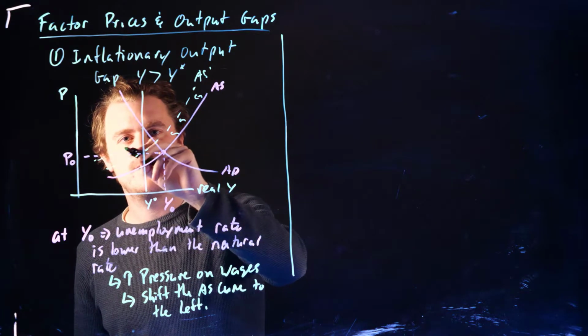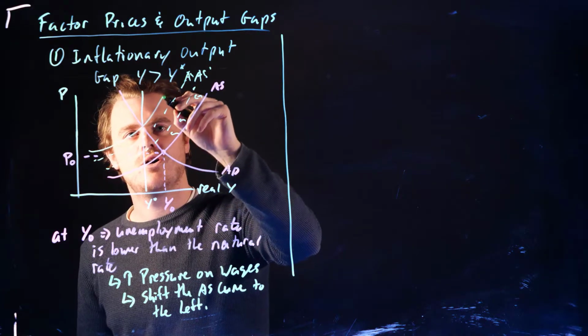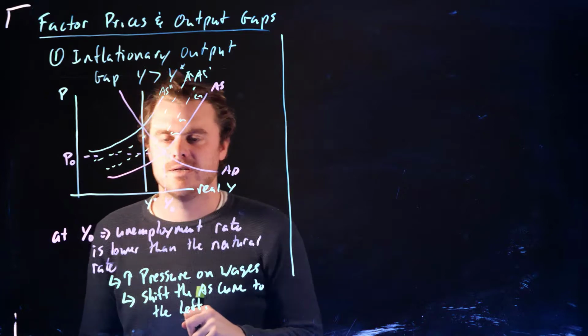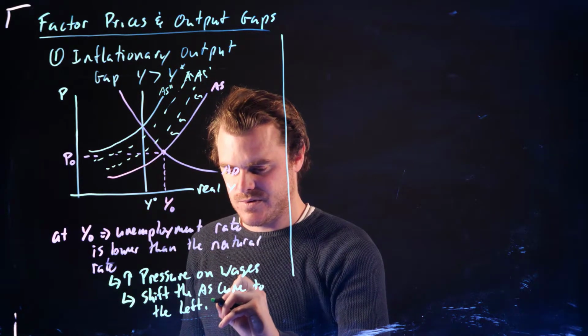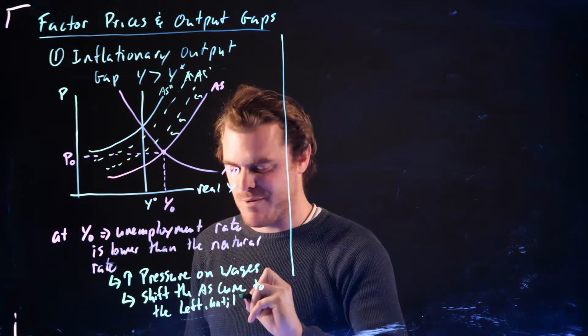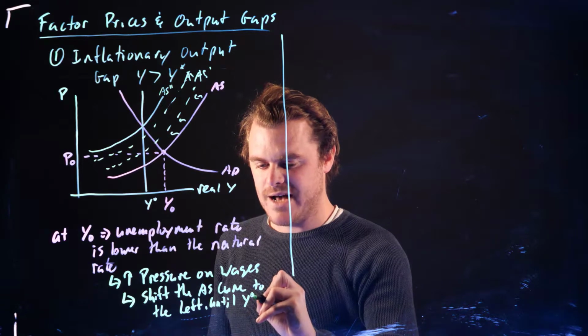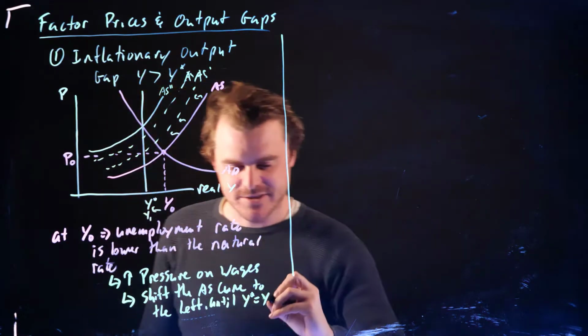And it's going to keep on shifting in until there's no pressure on wages. It's going to keep going until Y star equals Y. So we're going to move back here and maybe we'll say Y1.